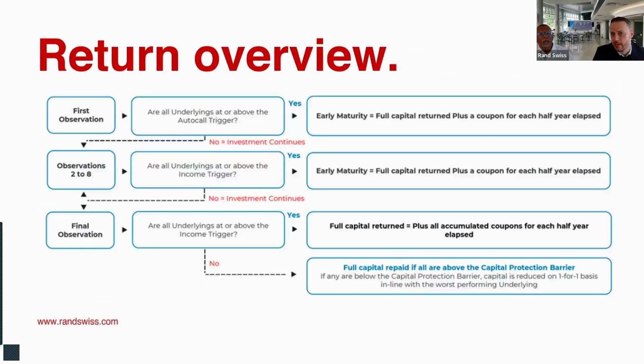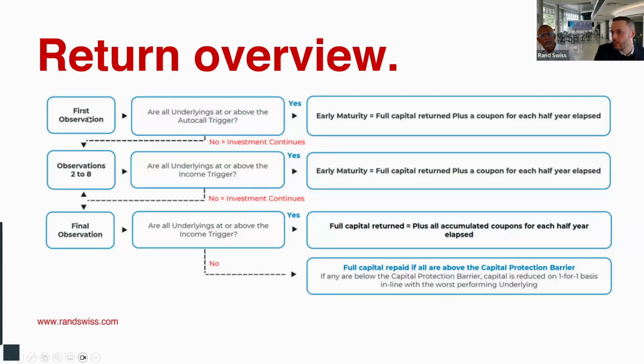To explain, we've already talked a little bit about the observations, and I'm going to talk about it in the next couple of slides as well. All you're doing is hoping that the 3 indices we've selected, which are the S&P 500, Euro Stocks, and the Nikkei, are positive at some of the observations. This is the breakdown of the payoff profile.